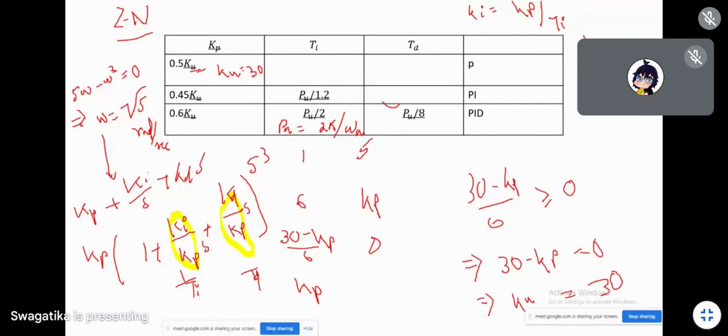Okay. You can keep these assumptions and write down the equation. From there, you can find out directly Kp plus Ki divided by s plus Kds. This is the transfer function of the PID controller.